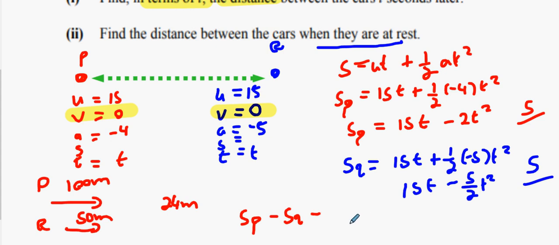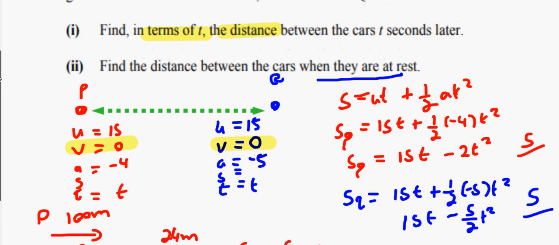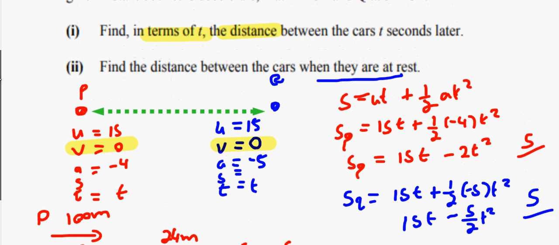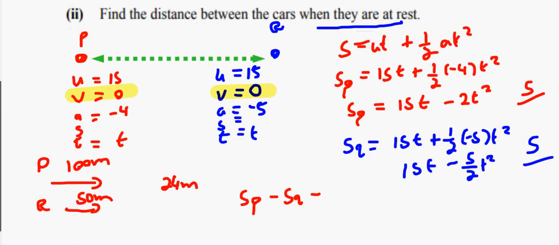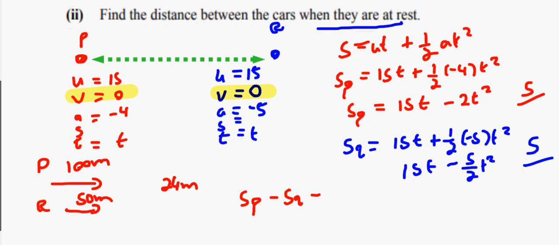That gets you your 76, doesn't it? So I suggest you use the same thing here in terms of T. Back in the book it's presented slightly differently, but let me reread it. Find the distance between the two cars T seconds later. Is it a plus 24? So 100, take away 50, take away 24, we'll say that they're 26 meters.